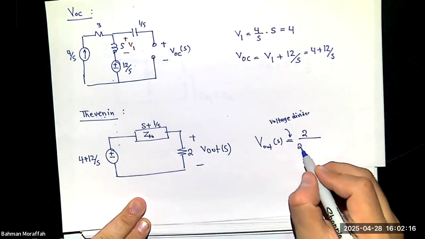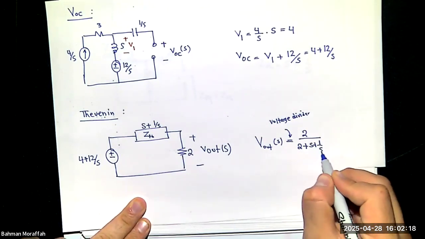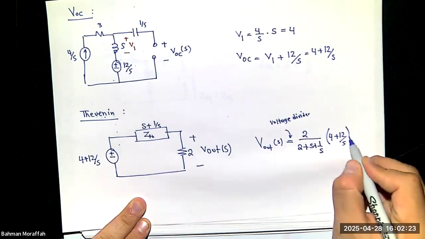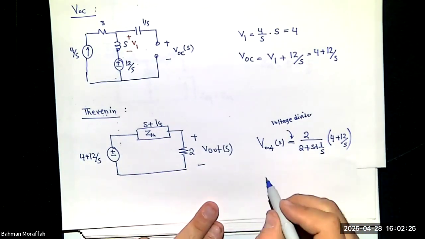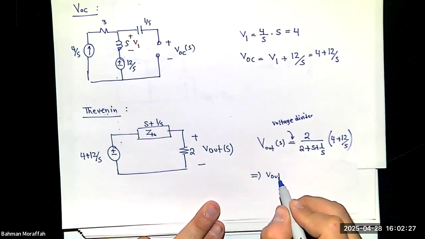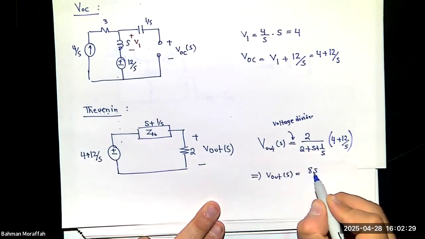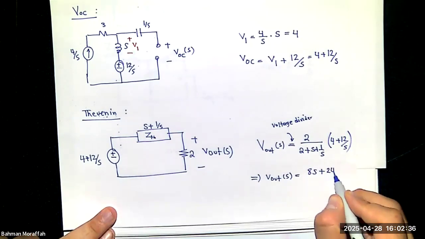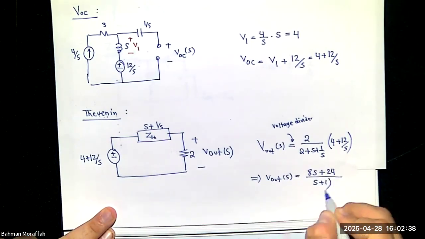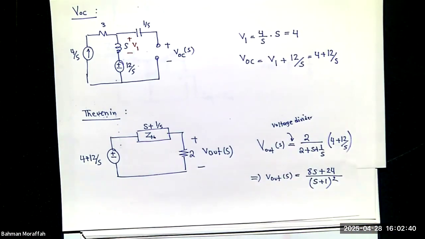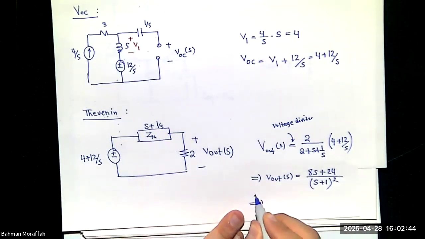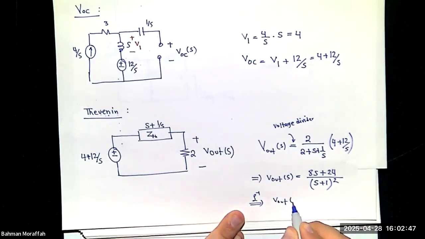So it's 2 divided by 2 plus S plus 1 over S, times 4 plus 12 over S. If you simplify it, V out of S is 8S plus 24 divided by S plus 1. Right? Which we can find V out.